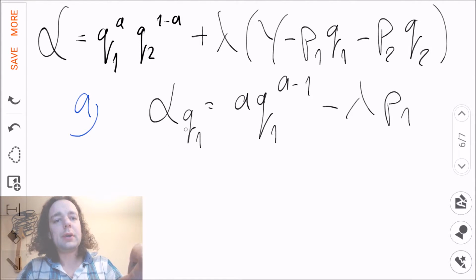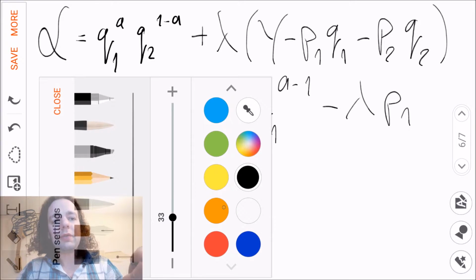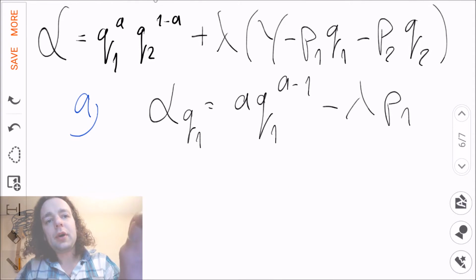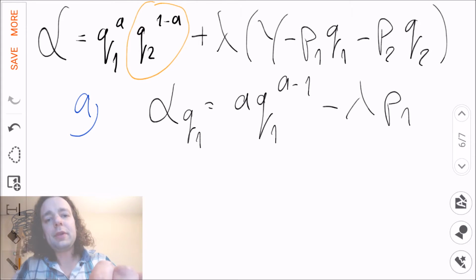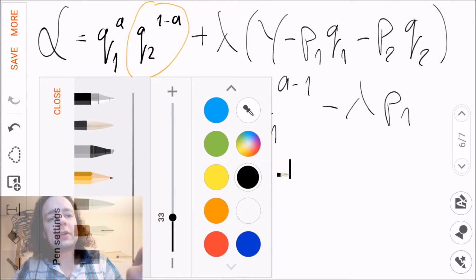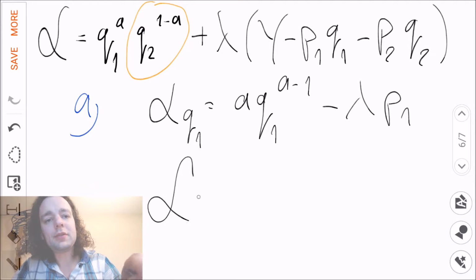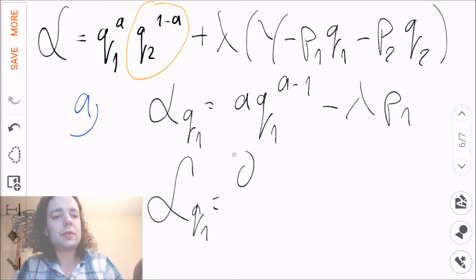Okay, so the Lagrange is simply the derivative of Q1. You've got that completely right. However, this part, so the Q2, because this is simply a partial derivative, I will explicitly write it out. So the Lagrange of Q1, we can also say this is the partial derivative of Lagrange with respect to partial Q1.